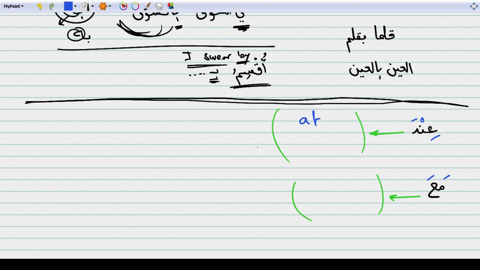It means that you are at a place, but it doesn't mean that you are inside a place. For example, if you are next to a booth, you are عند it. If you're at the door, you say أنا عند الباب.